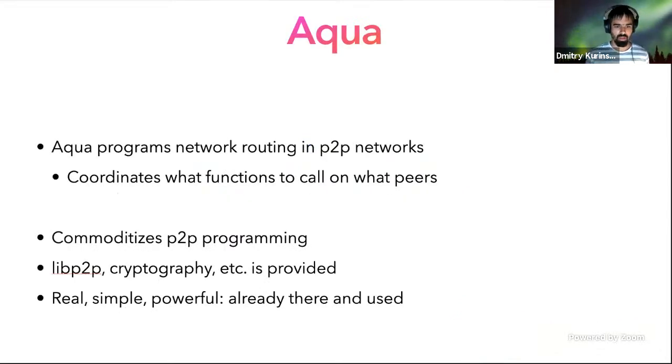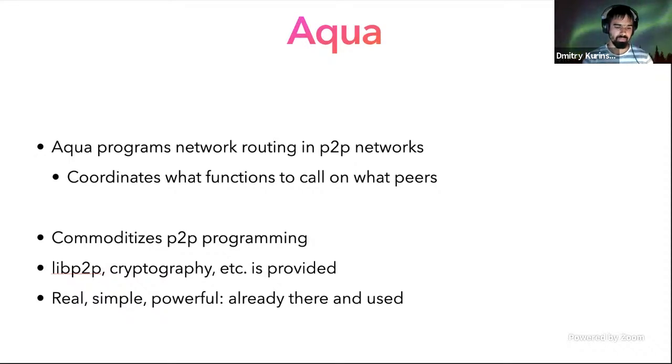So first of all, what is Aqua? Aqua is a programming language that programs network routing in open permissionless peer-to-peer networks. So instead of recompiling files, thinking about security every time and so on, you can write down the Aqua script, throw it to the network, and it will flow from peer-to-peer, calling functions on the way, getting data, providing data, and so on.